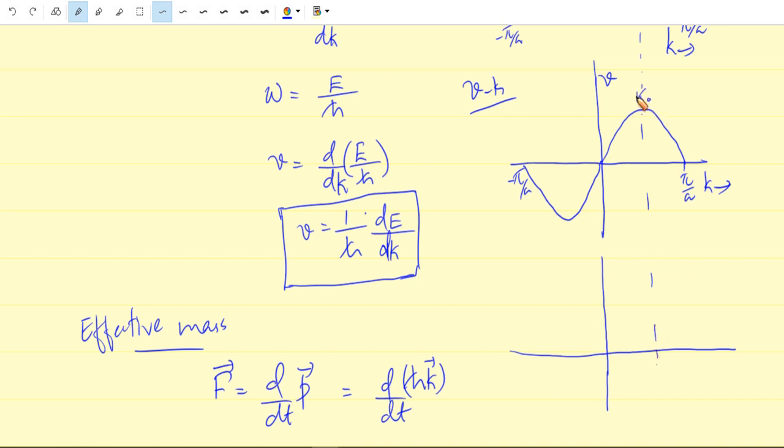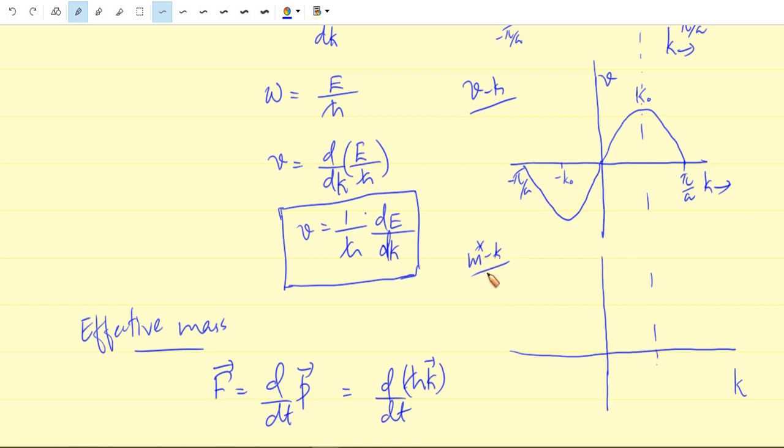This is called k0, minus k0, where the velocity becomes maximum, and in this axis this will be the m* versus k diagram, the effective mass versus k diagram.